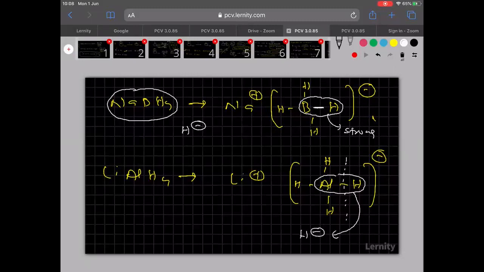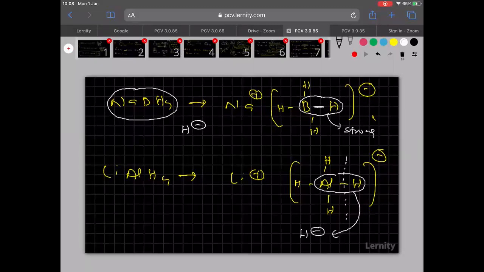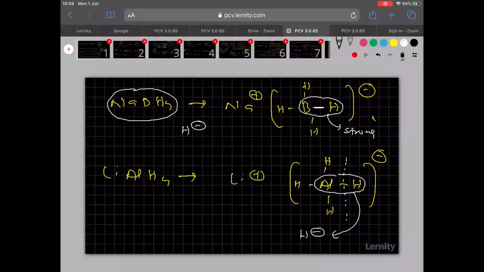Is it clear, everyone? Aluminum hydride, lithium aluminum hydride. Hydride means what? H-. So can you tell me, in sodium borohydride and lithium aluminum hydride, which can give hydride easily? Lithium aluminum hydride. Why? Because the aluminum-hydrogen bond is weak due to the size difference.